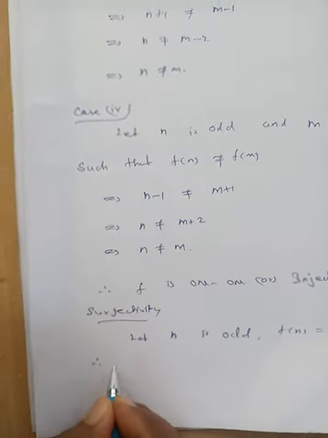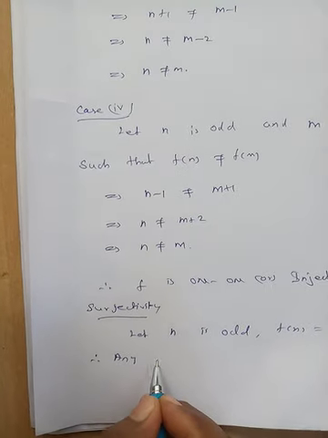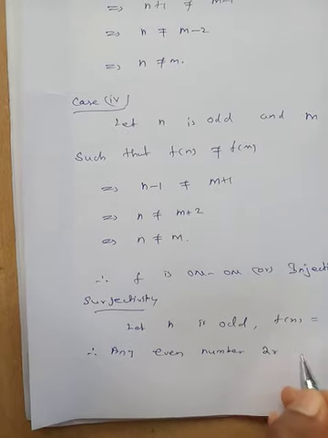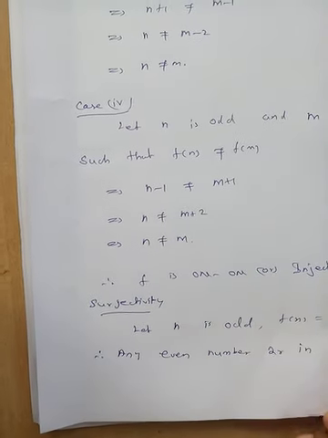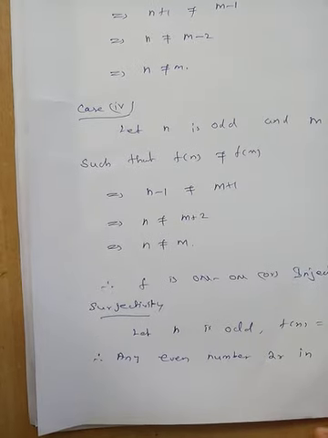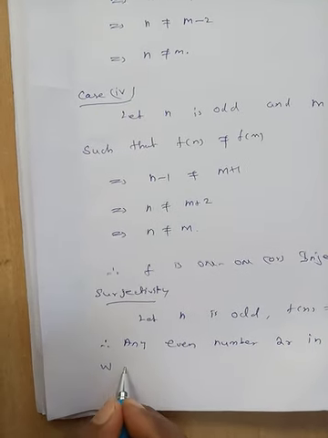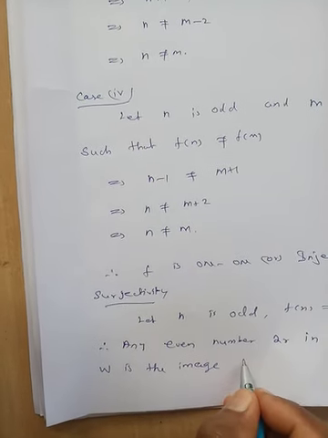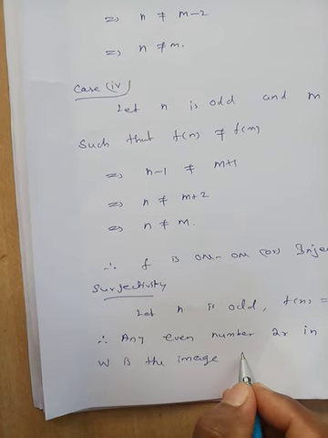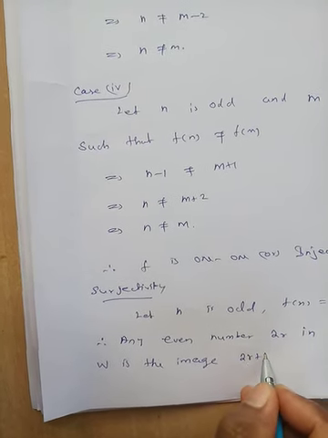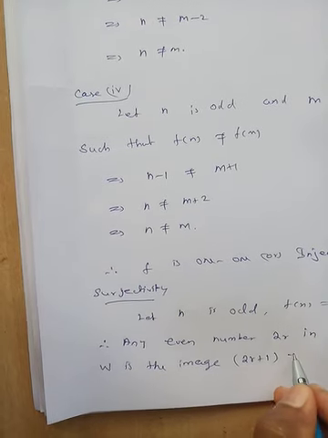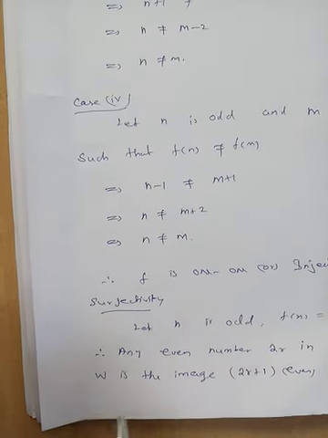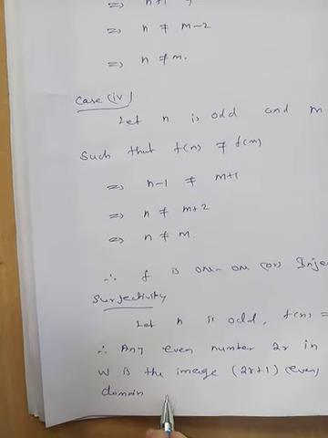Therefore, any even number 2r in the codomain W is the image of 2r plus 1, which is odd, in the domain W.